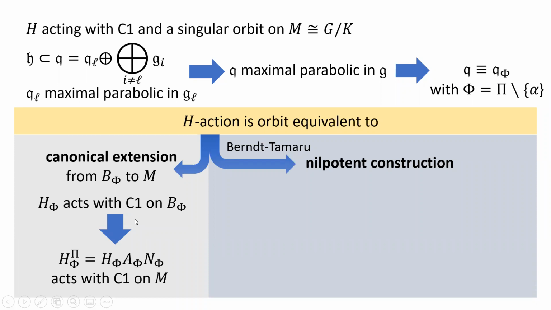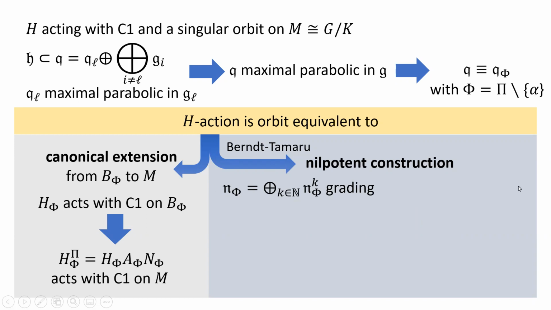Now let's go for the nilpotent construction, and this is the most difficult method to understand. I will go very quickly over it. This construction depends on a grading of this n phi. This grading depends on the choice of this alpha that we are removing here.